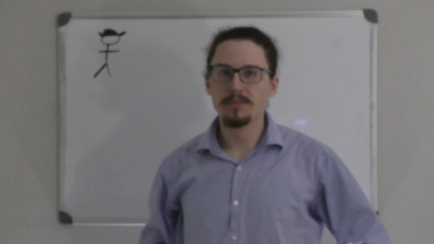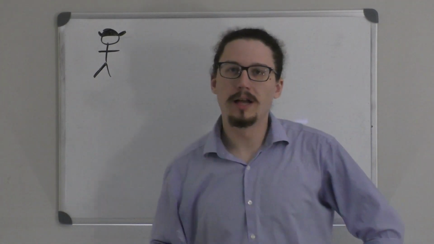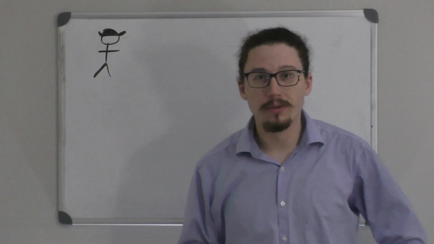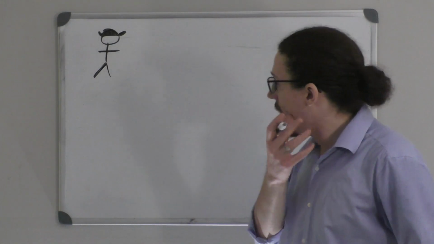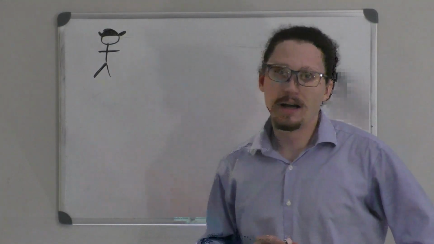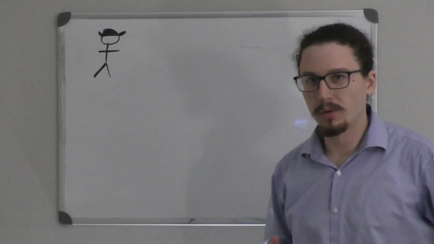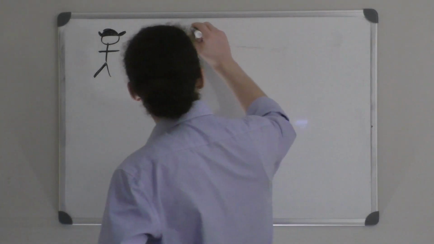That's supposed to be a man wearing a bowler hat. There we go. So we've got this man wearing a weird little hat. It's supposed to be a bowler, but I'm not good at drawing, as you're going to find out through the course of this semester. So let's say that we've got this man, and we start to ask him a couple of questions.